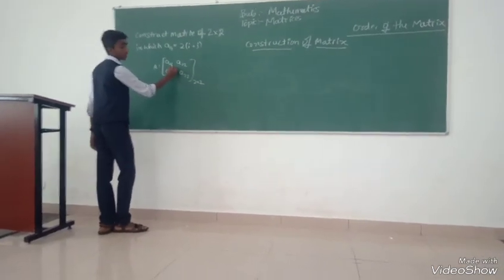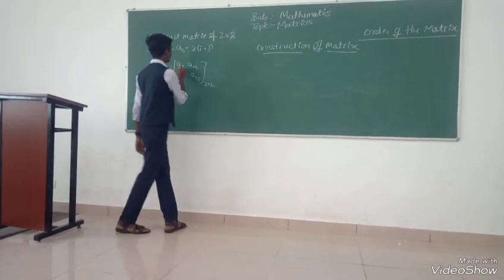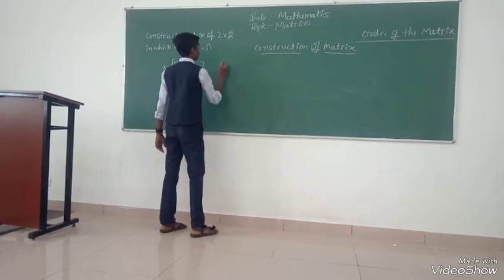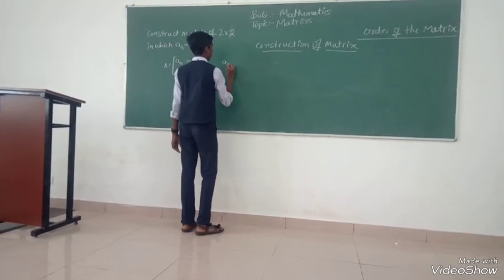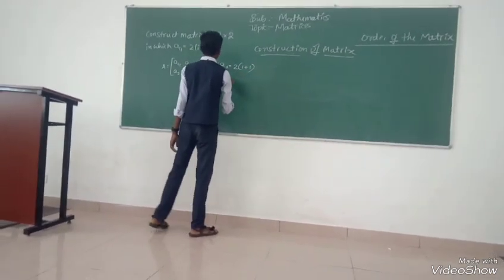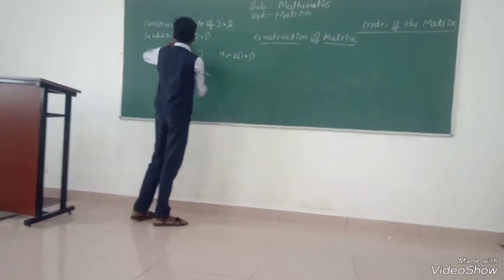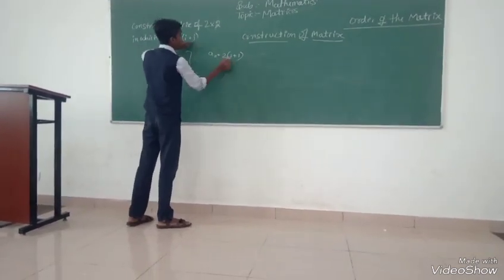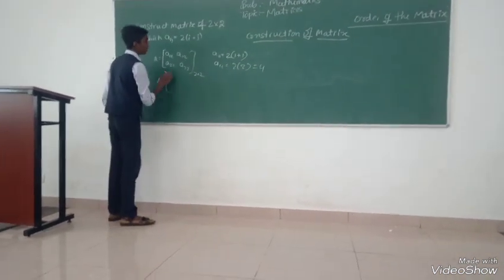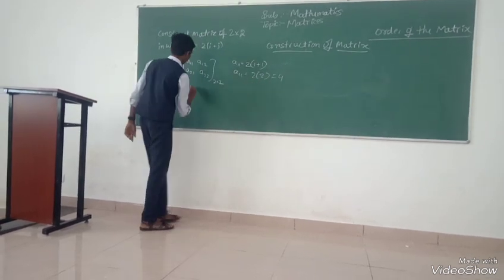These are i and j. Then we calculate the element present in each position of the matrix. For a11, we take 1 for i and 1 for j. Then the first element we found is 4.